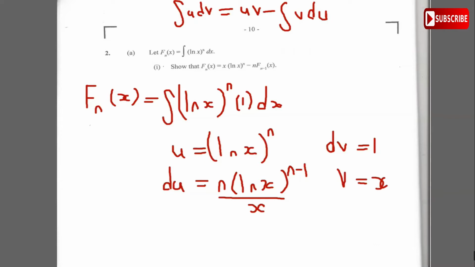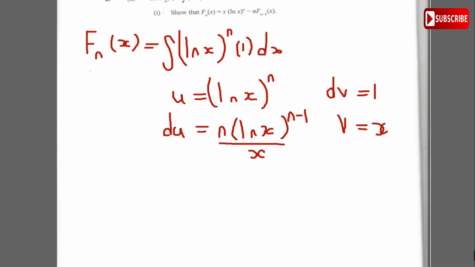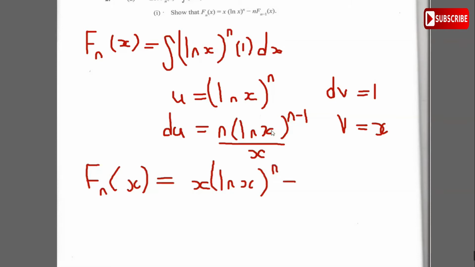Nice. Now, once we have that, what we're going to get is fn x is equal to, using the by parts formula, remember it's u times v, so it's going to be x times (ln x)^n, minus the integral of v du.